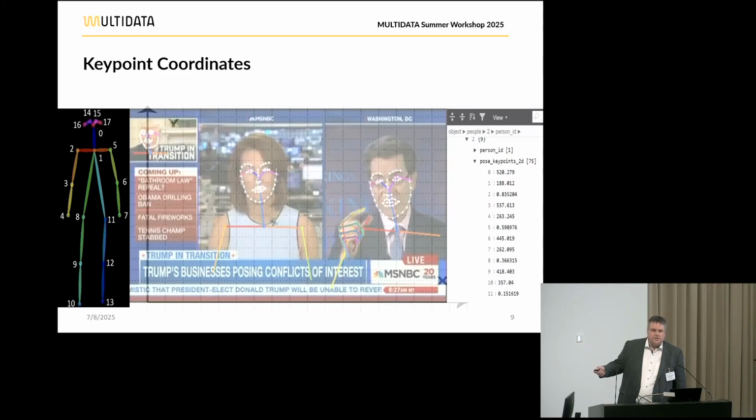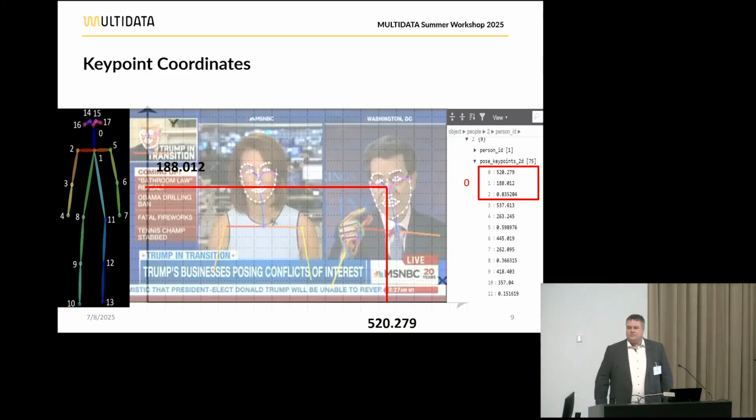That's this one here, the nose. And the nose is then located 520 to the right and 180 to the top. And the next value here gives you a confidence between 0 and 1. That tells you how certain the computer is actually that it found a nose in this place.